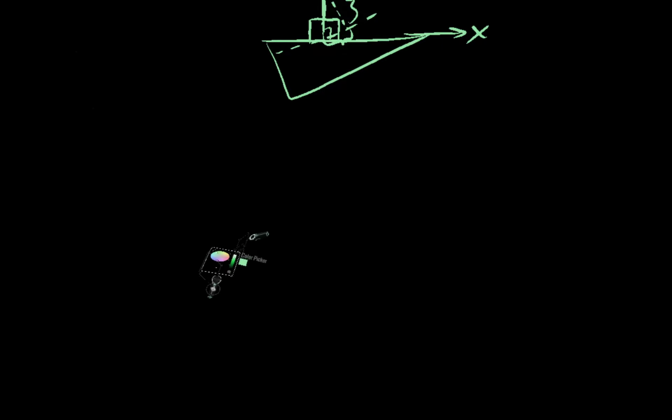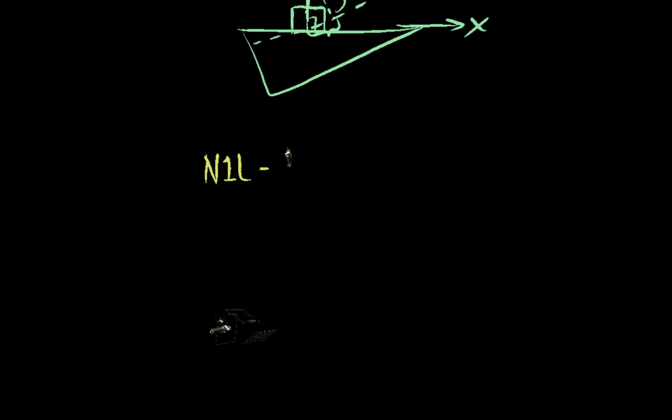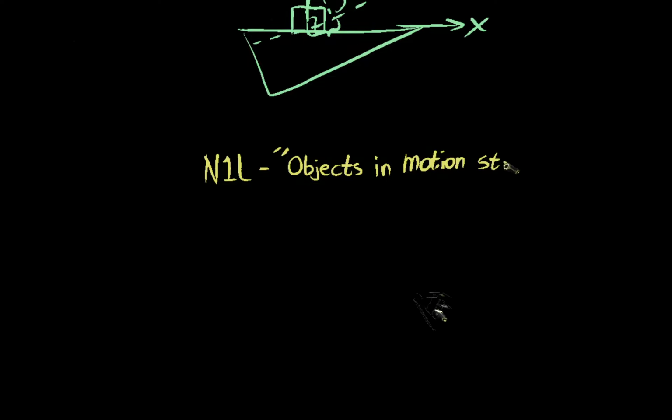So to summarize, before we click off here, Newton's first law was the concept of inertia. Objects in motion stay in motion.